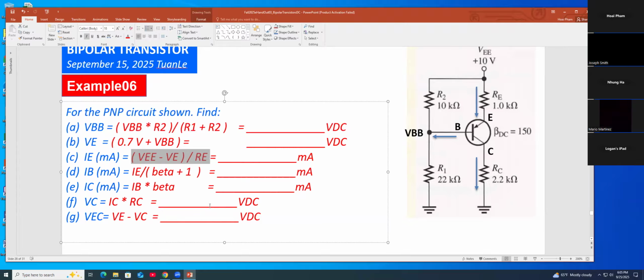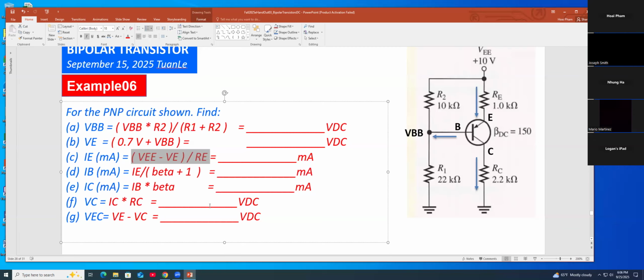IC is IB times beta. VC, that means the collector to the ground, will be IC times RC. And finally, VEC is VE minus VC.